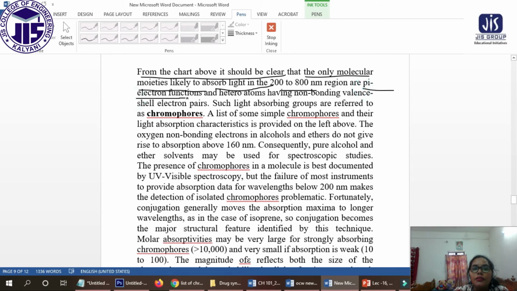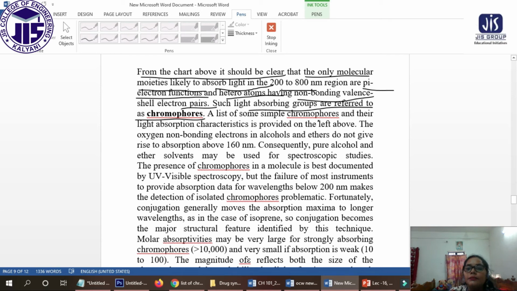The pi electron functions and heteroatoms having non-bonding valence shell electron pairs. Such light absorbing groups are referred to as chromophores. What are the chromophores? Whatever functional groups we have in our molecule that absorb light are called chromophores.